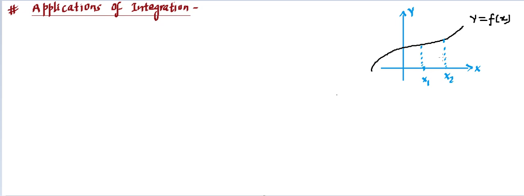So if we choose these 2 points x1 and x2, then there is going to be an area that will be bounded by these two boundaries x1 and x2, the graph upside and the x-axis downside. Whatever this enclosed area is, it can be calculated using integration.